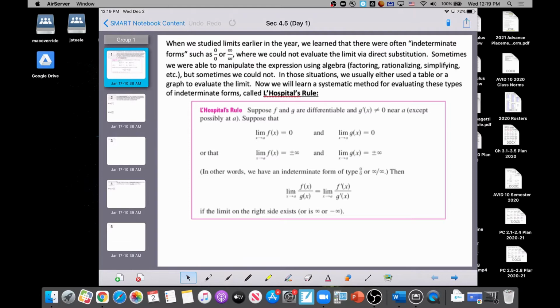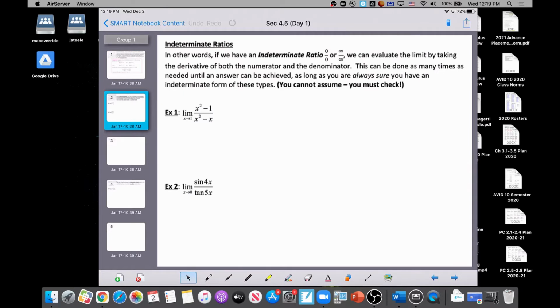And we can continue to use L'Hopital's rule as many times as we need to in the same problem as long as we still have an indeterminate form, till eventually we get an answer that is not infinity over infinity or 0 over 0. So I think that the best way to do this is just to jump in and try it.